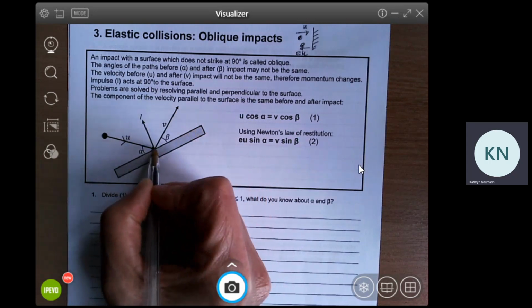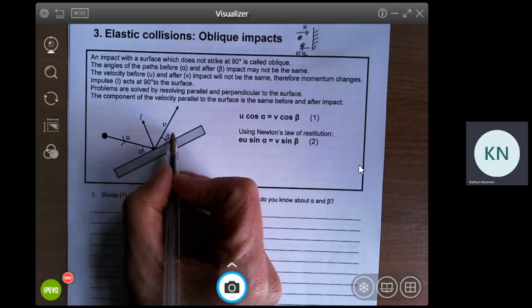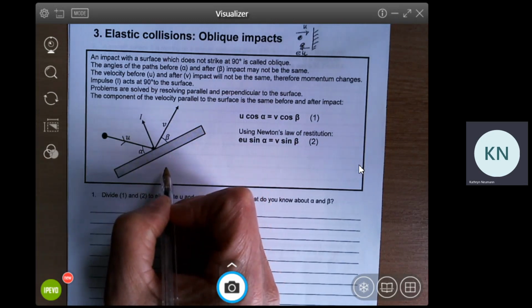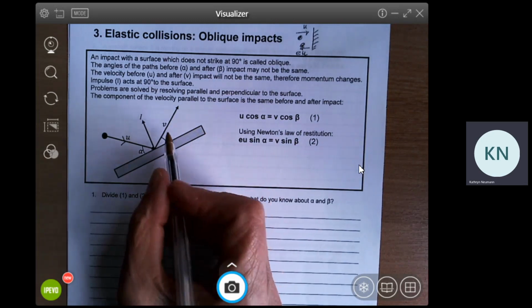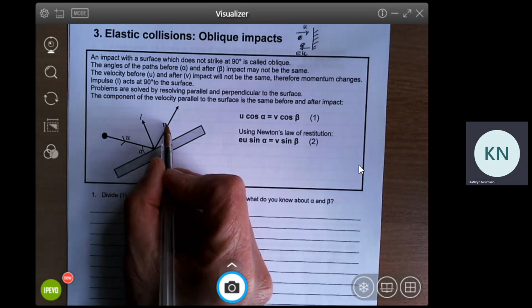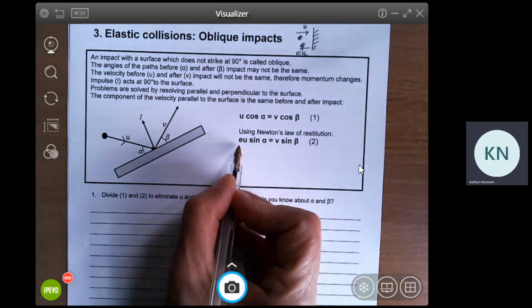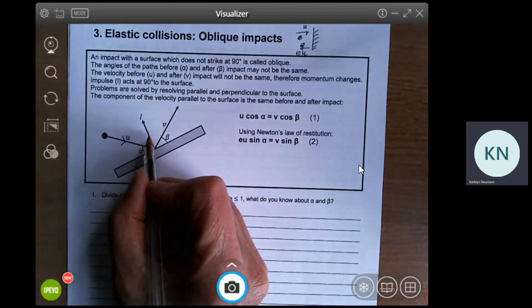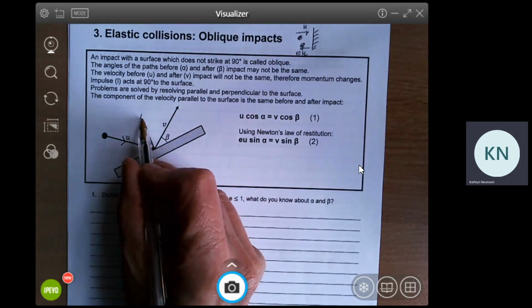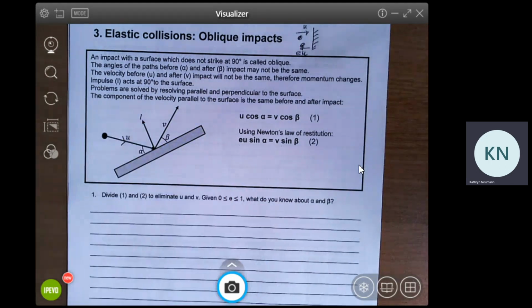The impulse acts perpendicular to the wall. So parallel to the wall the velocity is unchanged, but perpendicular to the wall, we will use the fact that the velocity afterwards, which is v sin beta here, is going to be e times the velocity before. You need to just watch directions with this because obviously it's coming in and then going back out again.